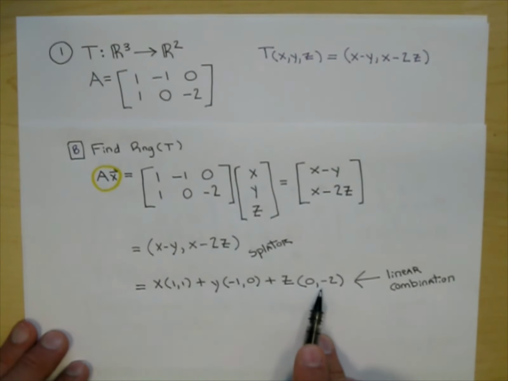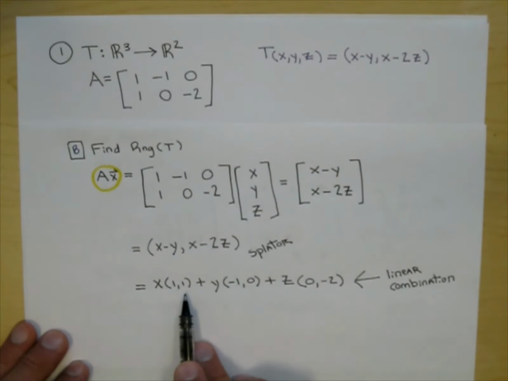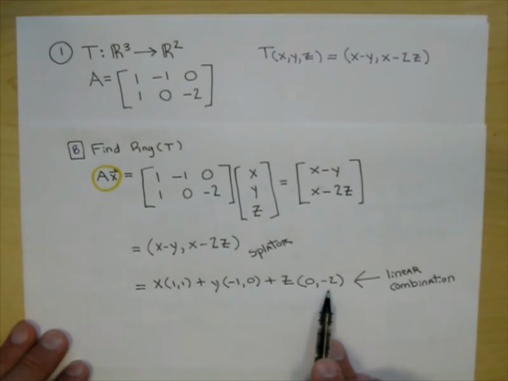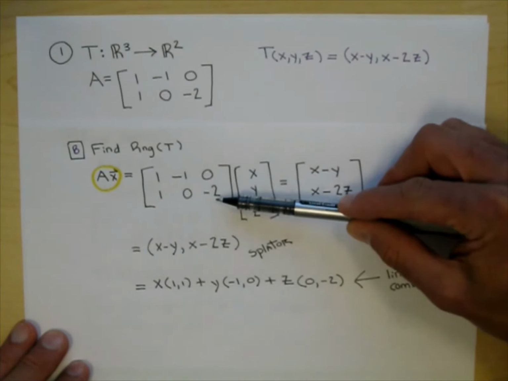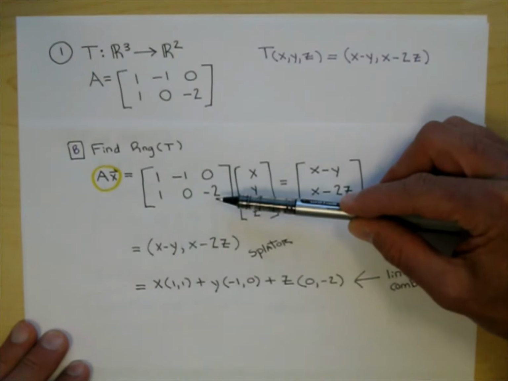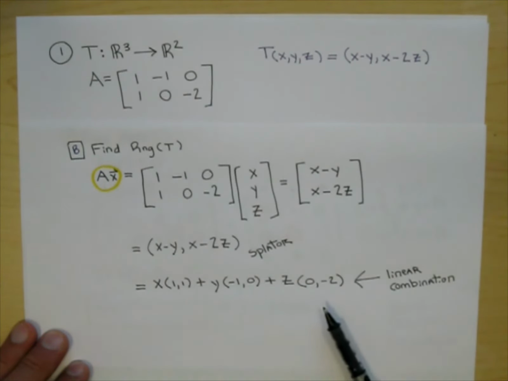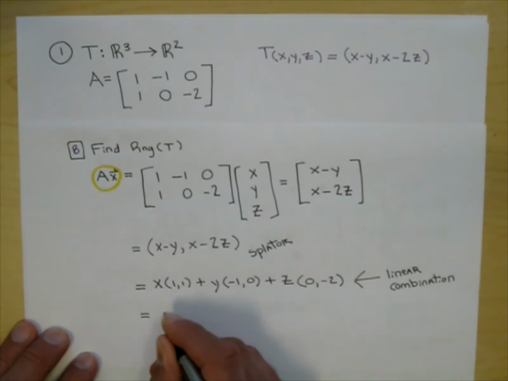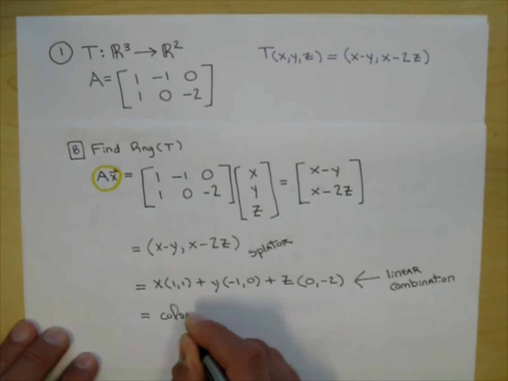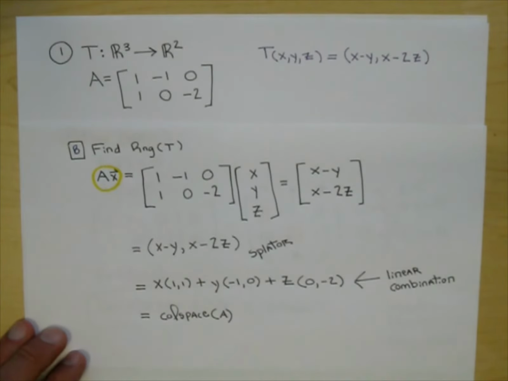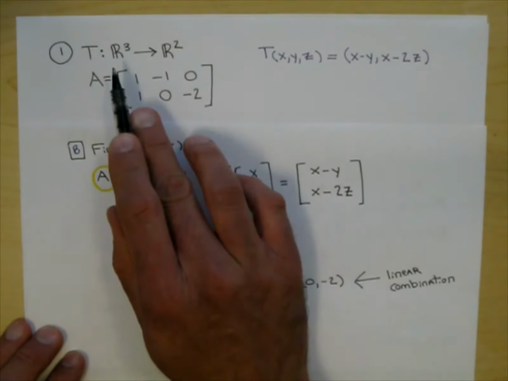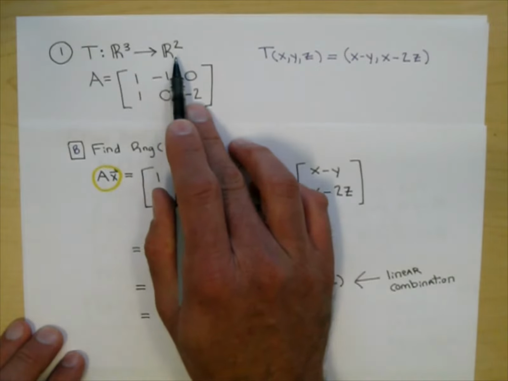Now here's the part that you'll be amazed at. Look at these 3 vectors. Those 3 vectors are the column vectors of your matrix A. So this right here is when you span your columns, you end up getting the column space of A. Is that always going to happen when they ask you to find the range going from Rm to Rn?